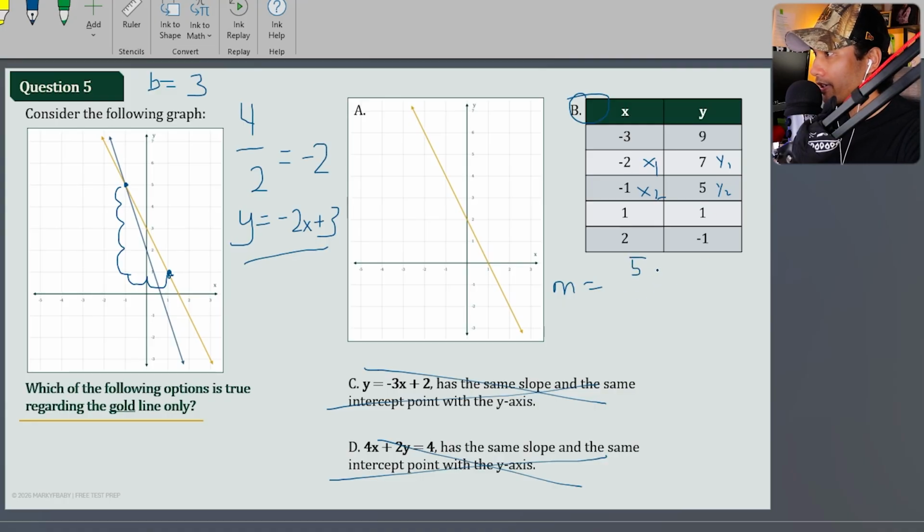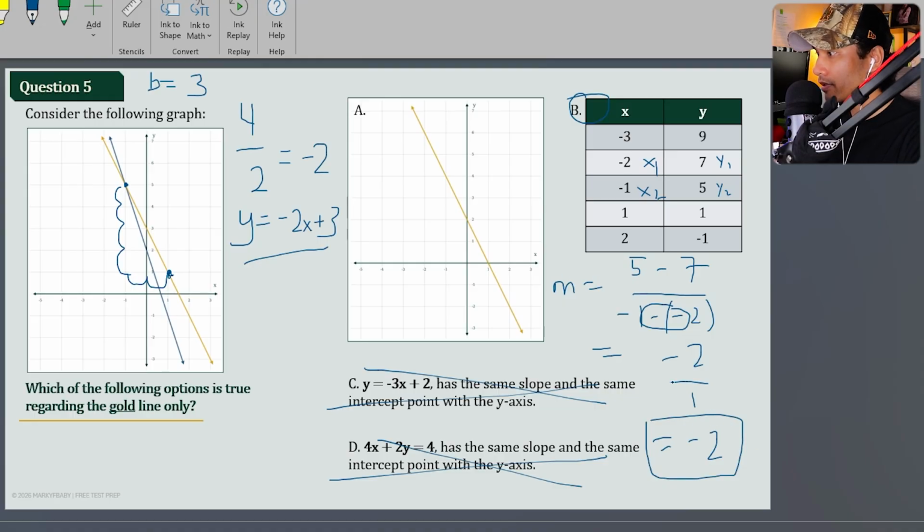So 5 minus 7 over -1 minus -2, and this equals -2 because 5 minus 7 is -2, and this, remember, a negative with a negative equals a positive, so it's -1 plus 2, and that equals 1, and that will give us -2, and that is our slope, our change of y over the change of x.